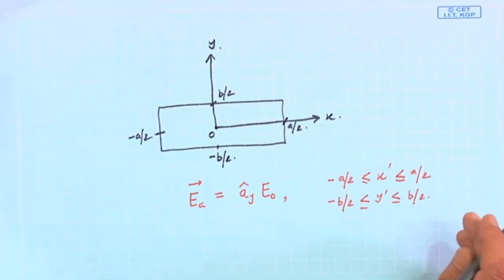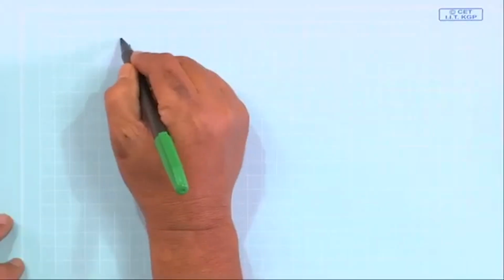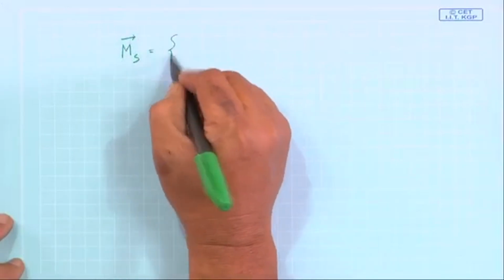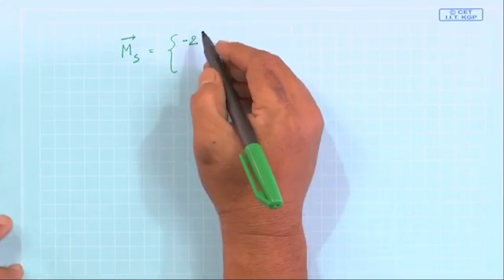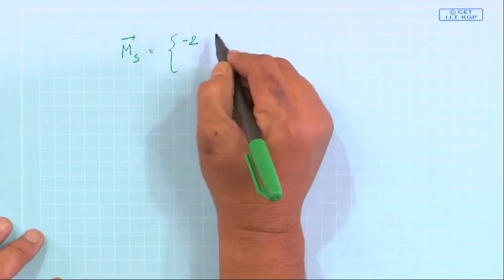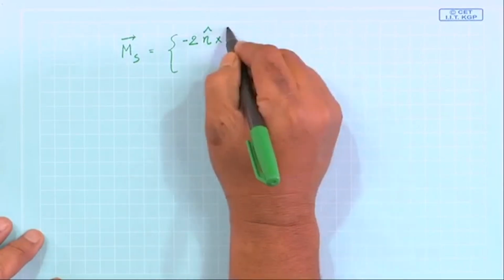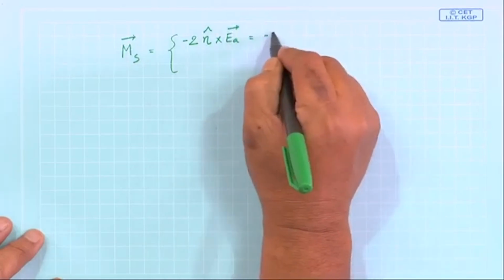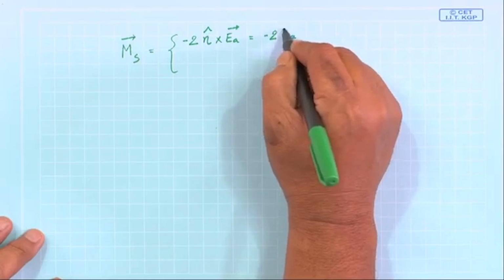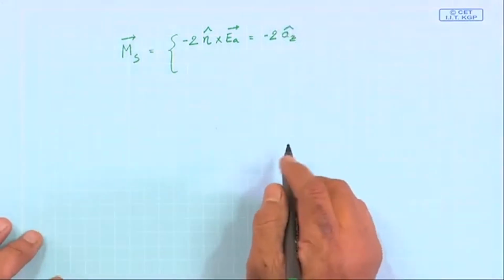Okay. So, the moment we do this, our next step is straightforward. We will have to find the magnetic current, the surface magnetic current. So, Ms is, as we know, Ms will be minus 2 n cross E. So, n in this case is z directed.